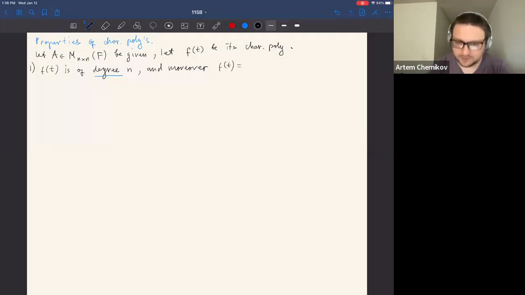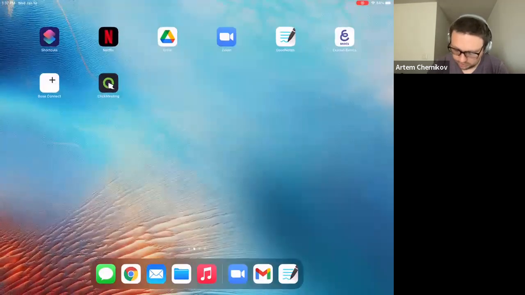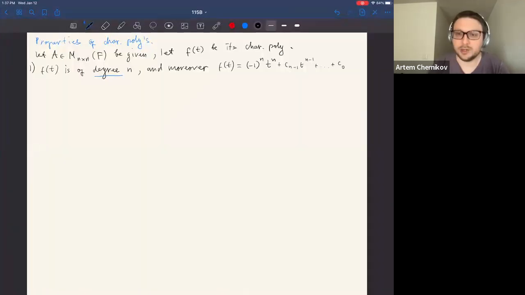In fact, f of t is a polynomial of the form (-1)^n t^n + c_{n-1} t^{n-1} + etc. + c_0, for some scalars c_0 through c_{n-1}, all scalars in F.